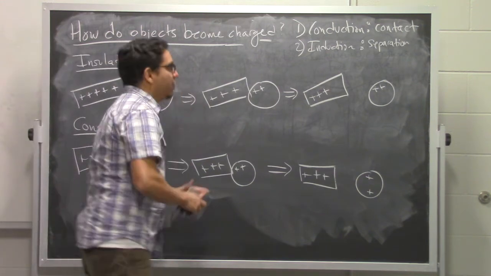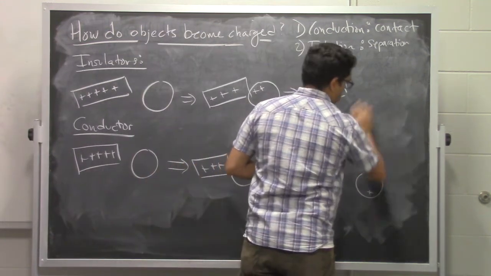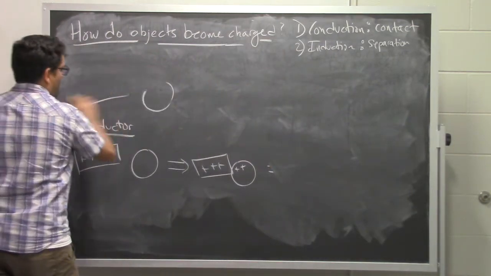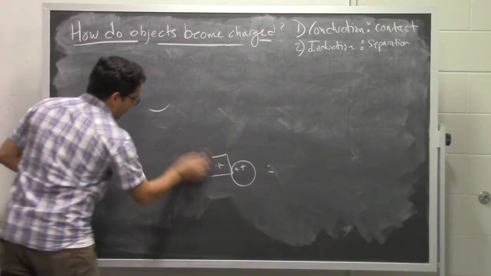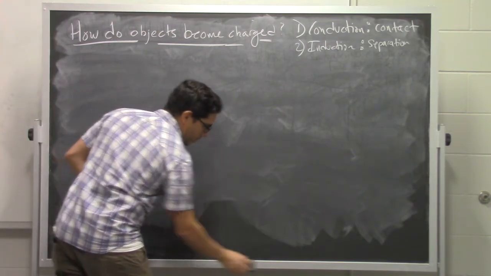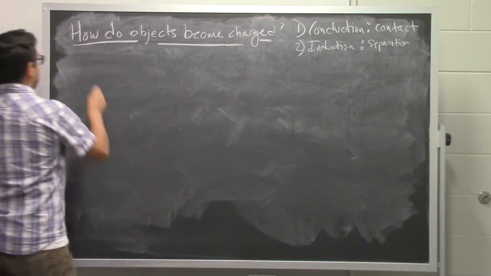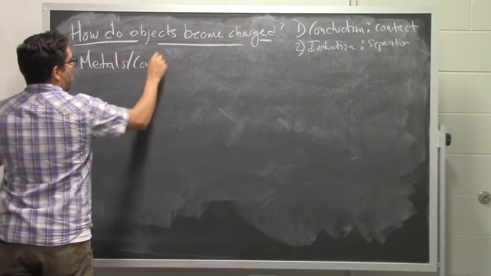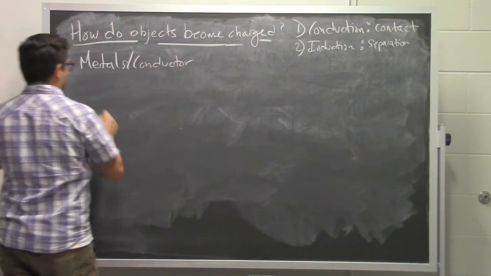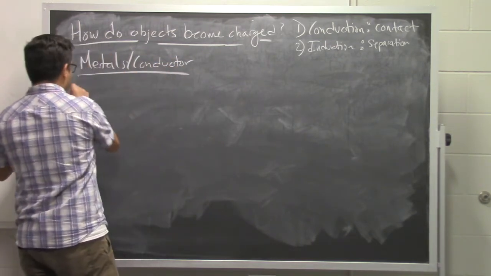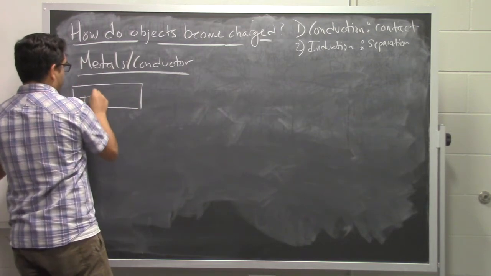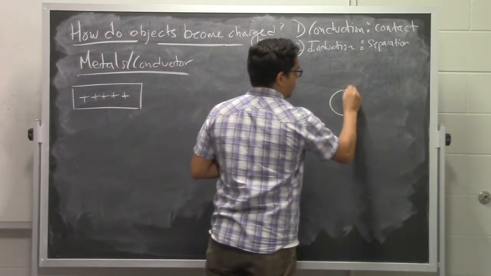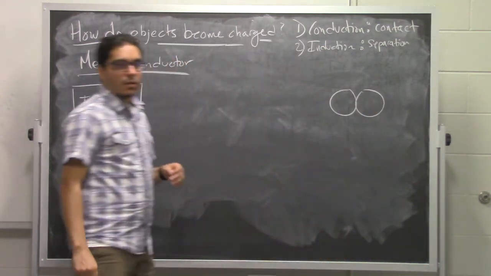Now, in terms of the other mechanism by which we can charge objects, induction, this most commonly occurs in metals. And you'll see why. It involves charges being able to move pretty far distances. So we're going to focus on metals and conductors for induction. And the idea behind that is that we start off with some object that has charge, let's say this positively charged rod again, and very far away from it are two metallic objects that are in contact.